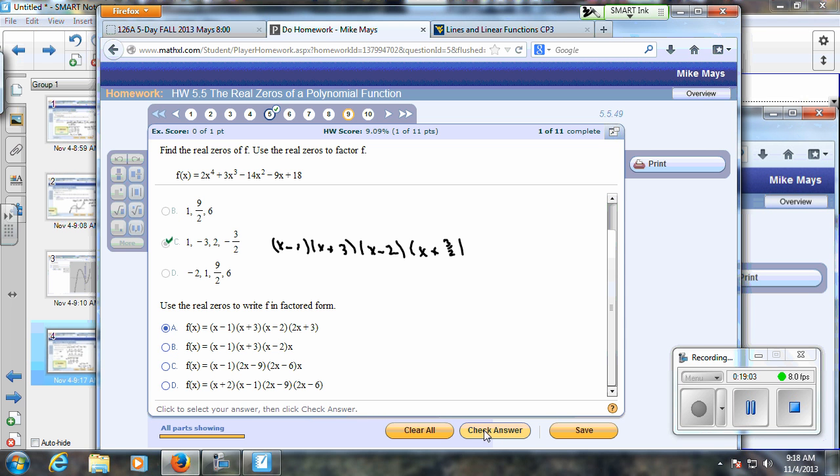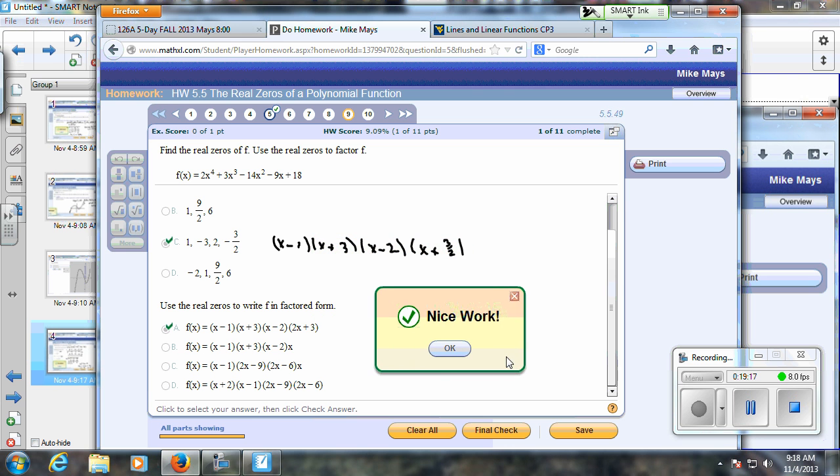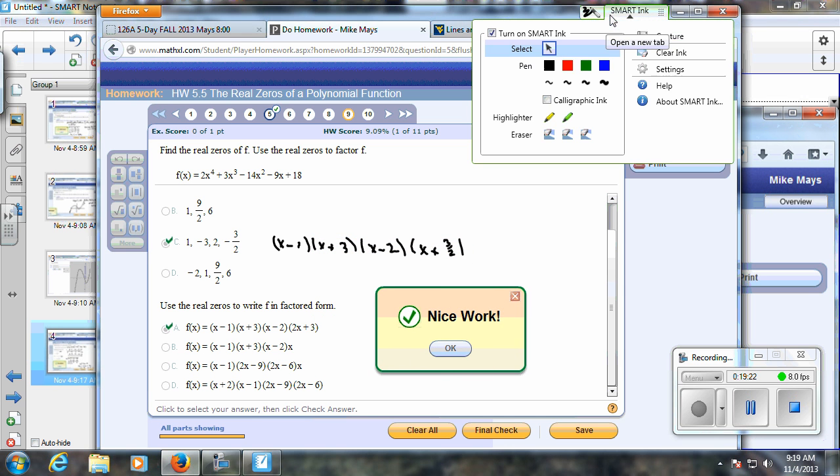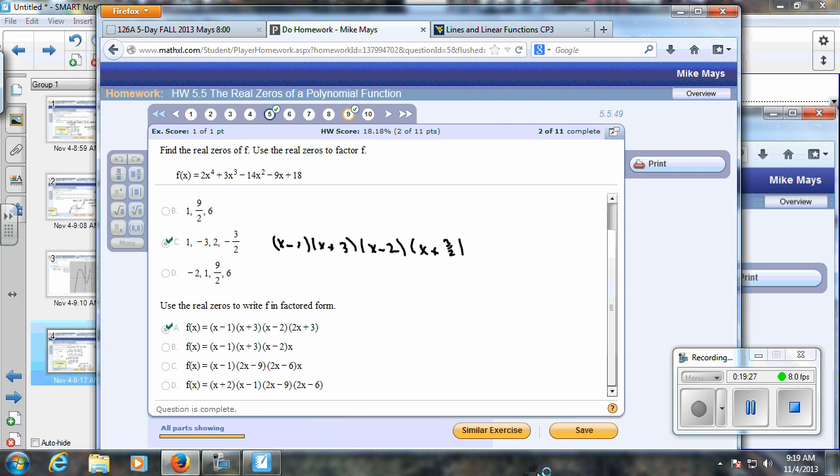So I think it should be A, and I'll check that answer. Okay. I don't think I need to do a similar exercise, but you might want to try another one.